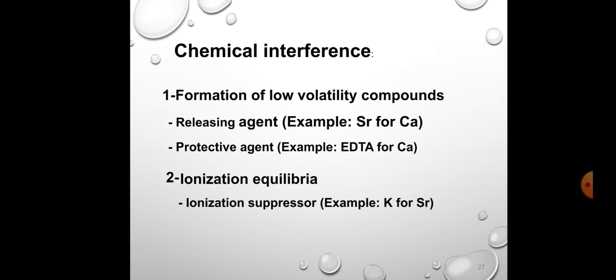Because strontium is in equilibrium with its ion, strontium ion and electron, when you add electron, the equilibrium will go to the left side, and less ionization will happen for this metal, and then the result will be higher sensitivity.